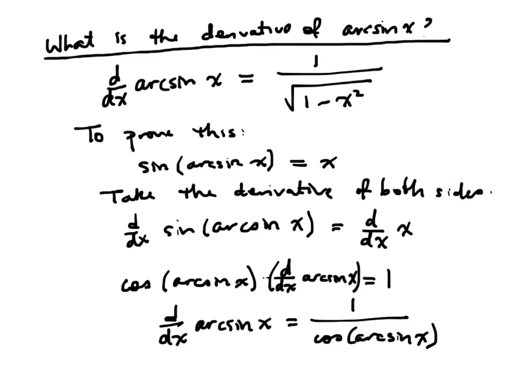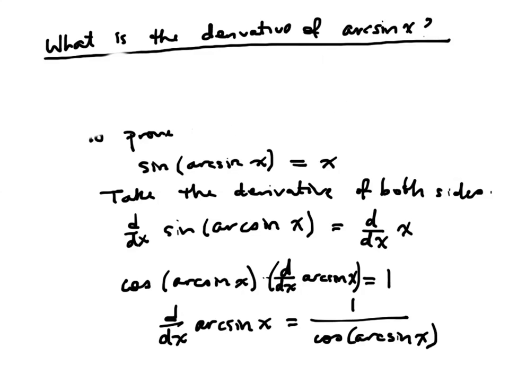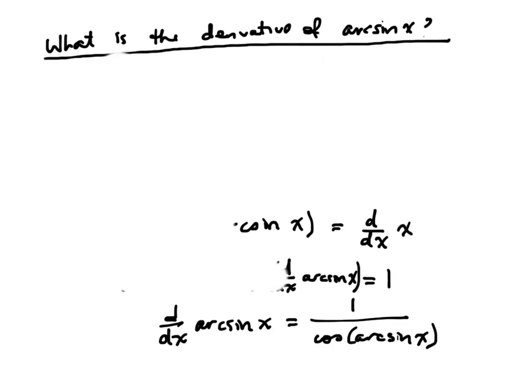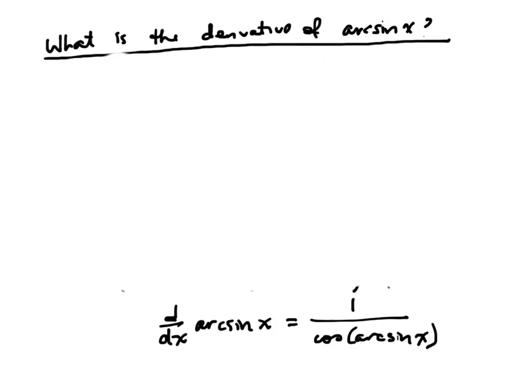Okay, great. So let's clear a little bit more room and try to make this a little bit prettier, a little bit more recognizable, and a lot easier to use. All right.